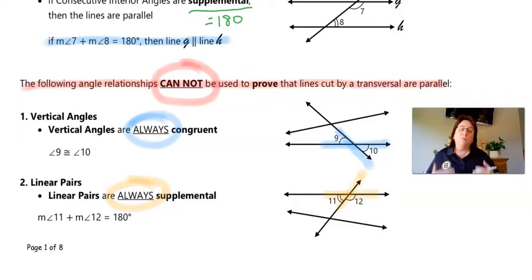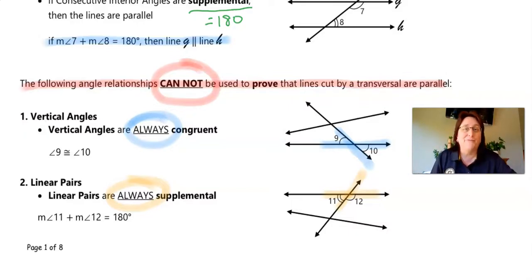So remember, vertical angles and linear pairs, we cannot use to prove that lines are parallel. We can use them to help us determine an angle relationship like the ones up above, but we cannot use these by themselves.